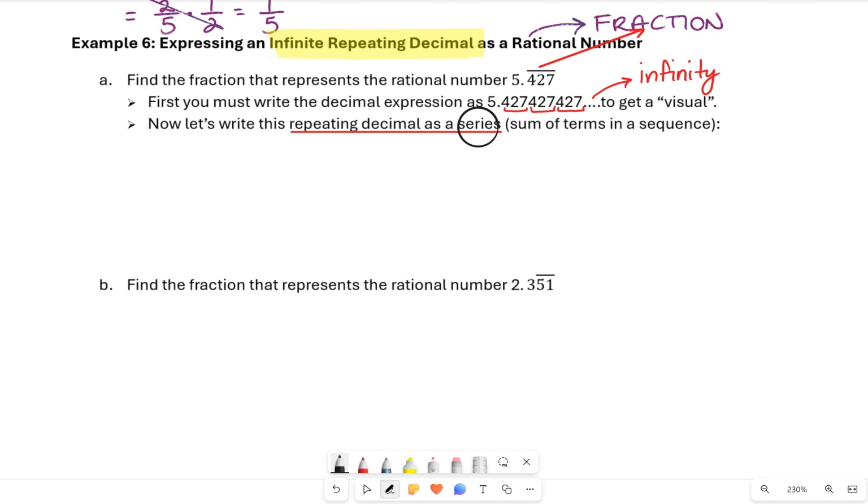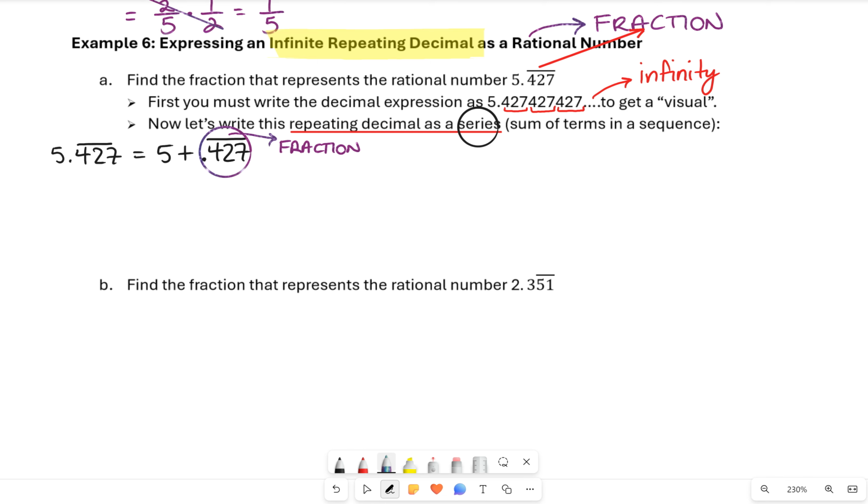So if I want to write the number 5.427 as a sum of two numbers, couldn't I just write it as 5 plus 0.427 repeating? Do you not agree? So what I want to do is rewrite this repeating decimal as a fraction.